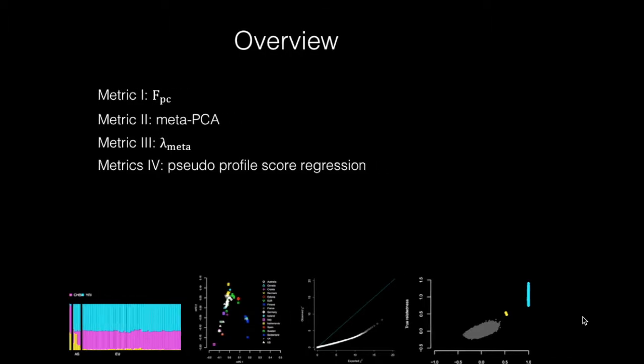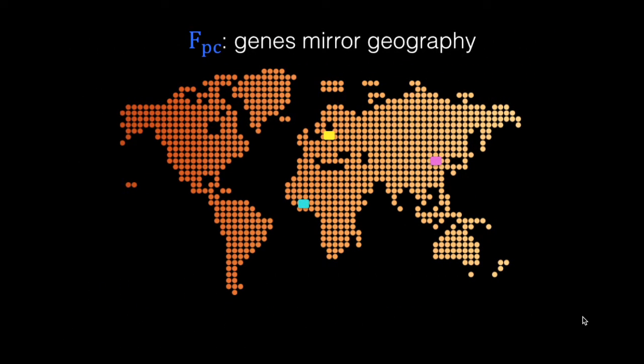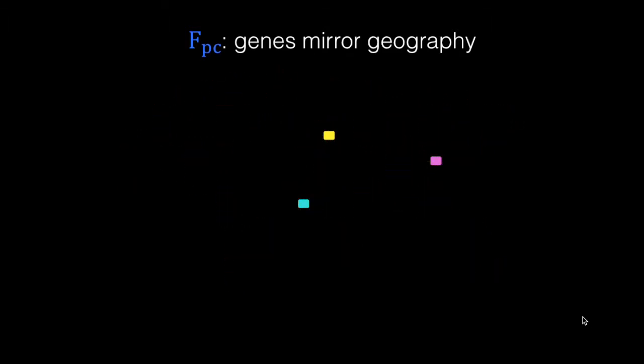Let's validate the quality of genotypes for GWAS first. We know genotypes mirror geography. So intuitively, if we have reference cohorts from Europe, Asia, and Africa, then the received cohorts will have a relatively short distance to the reference cohort of the similar origin.